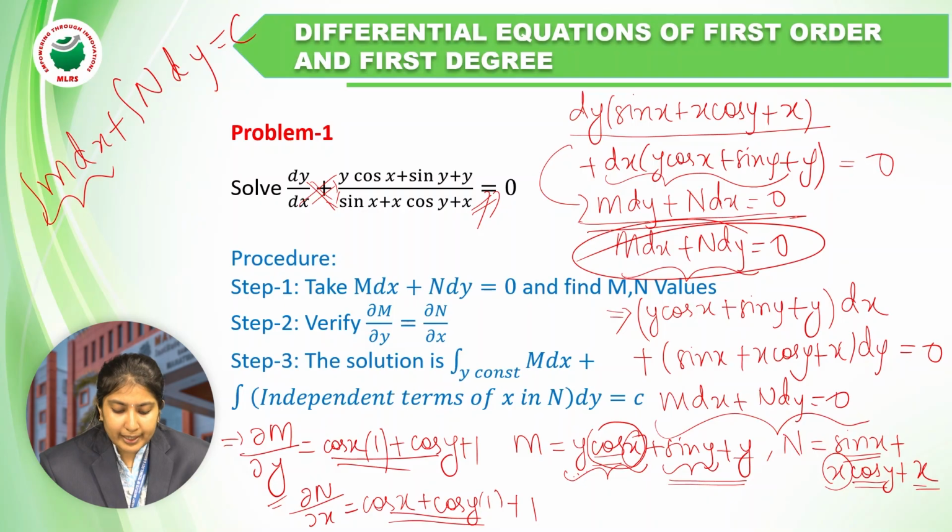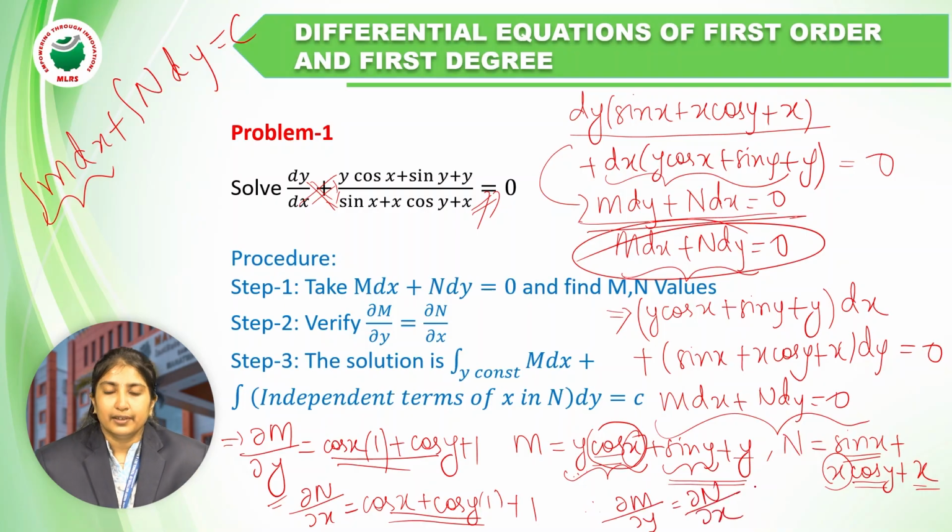Dou M by dou y is equal to dou N by dou x is equal to cos x plus cos y plus 1. So therefore dou M by dou y is equal to dou N by dou x. That is very good, we have proved the exactness condition. Now you can say perfectly that this differential equation is exact because it is satisfying the condition for exactness.